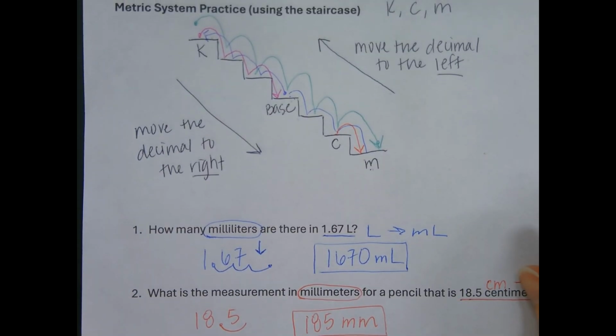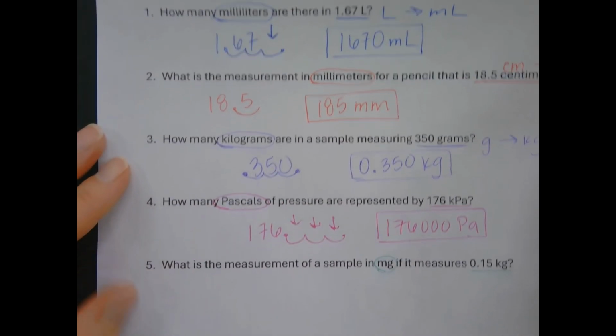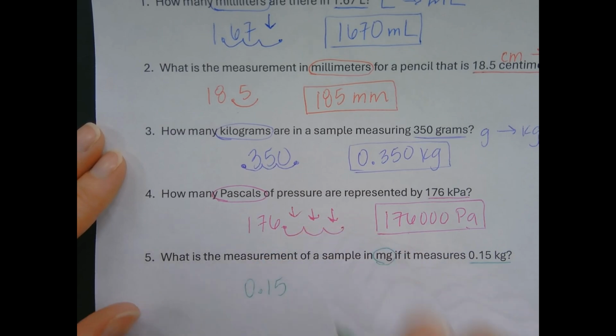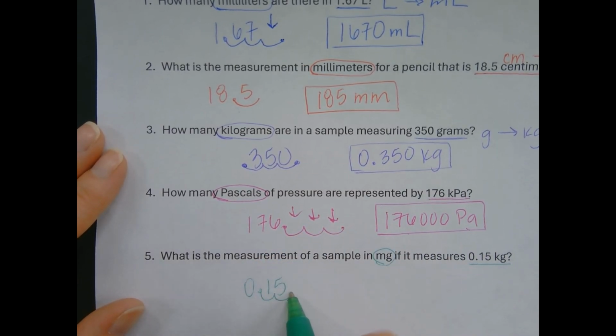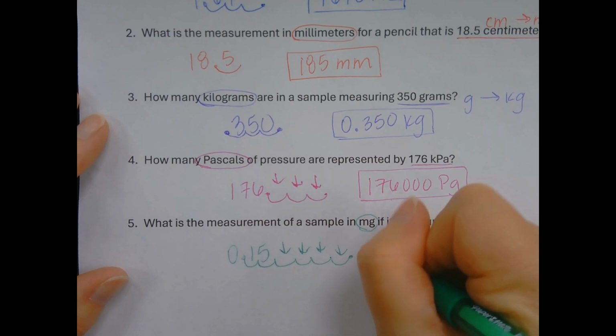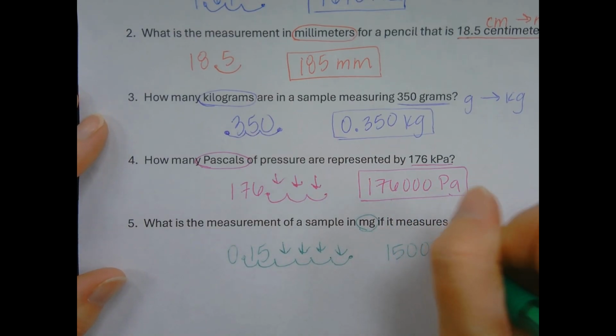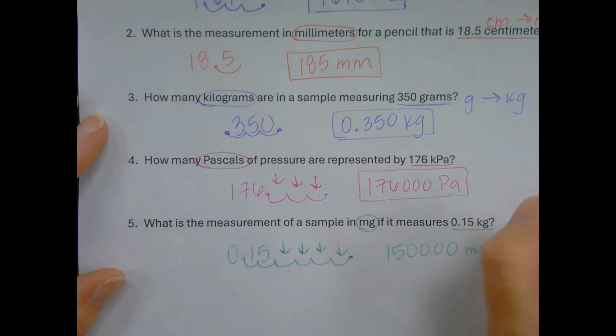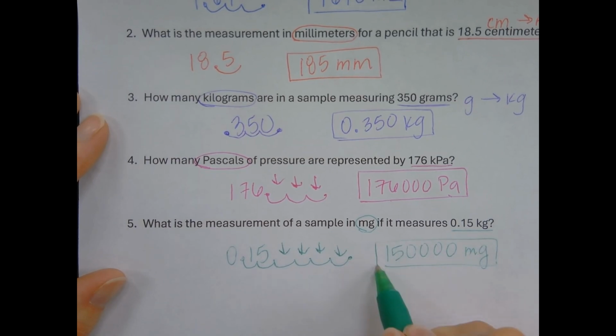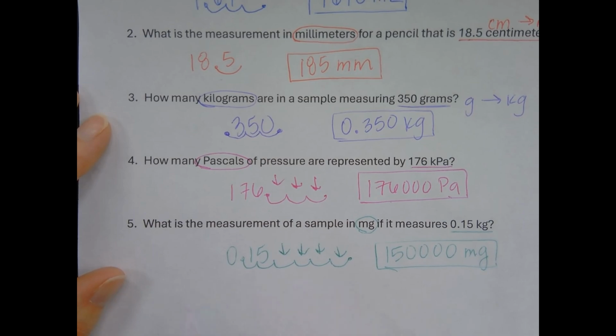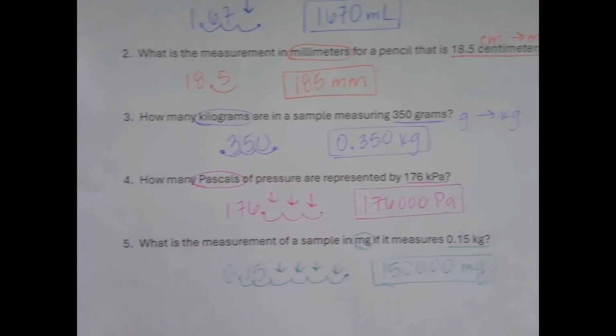So I went 6 times down the staircase, which means I'm going to move my decimal 6 times to the right: 1, 2, 3, 4, 5, 6. Each of these places is going to get filled in with a 0. So 150,000 milligrams. Most of these examples were going down the staircase, but if you're going up the staircase, instead of moving the decimal to the right, you move it to the left. That is how we can use the staircase to do some really quick metric conversions.